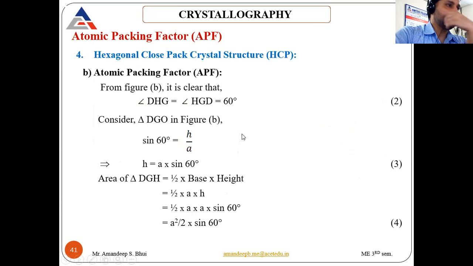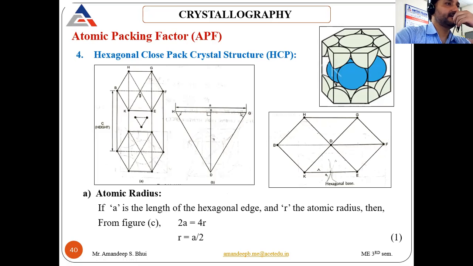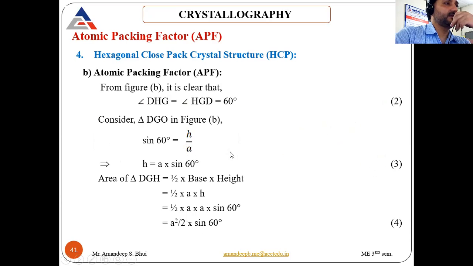Now sine 60 will be equal to H by A, or here we will have H equals A sine 60 degrees. So the area of this triangle will be equal to half base into height. The base is A, the height is H. So the area of the triangle DGH is half base into height.